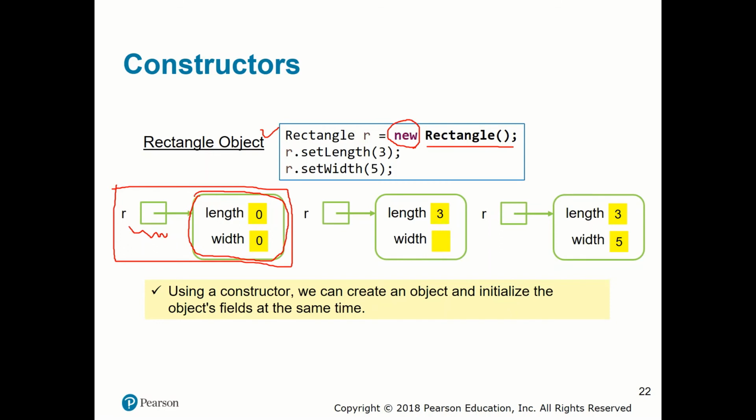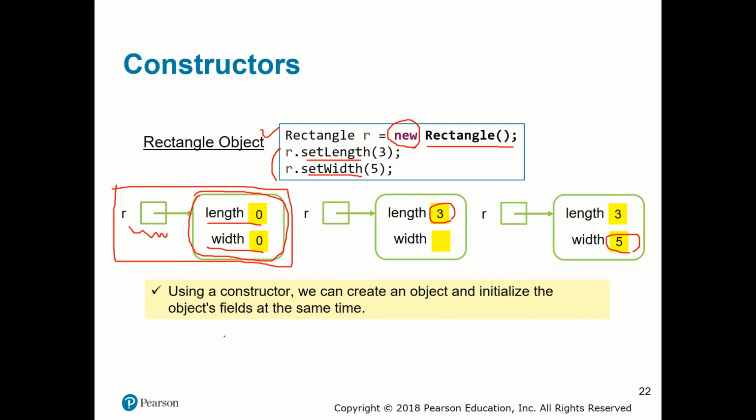And inside the object, since there are two attributes of the rectangle class, length and width, the spaces for length and width also are created like this. And after creation of this space, using these two methods, setLength and setWidth, we can initialize the space inside the object. So length would have 3 and width would have 5.